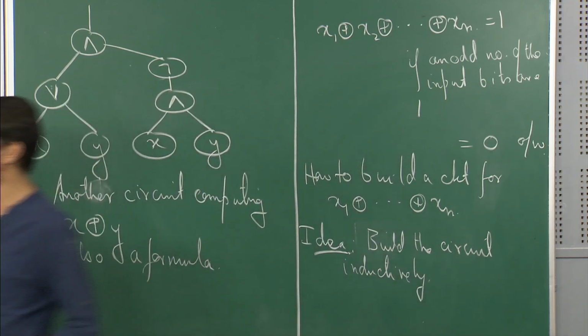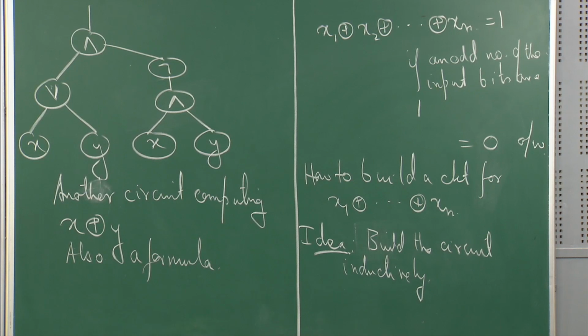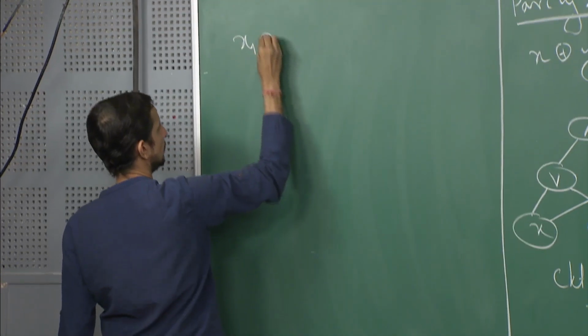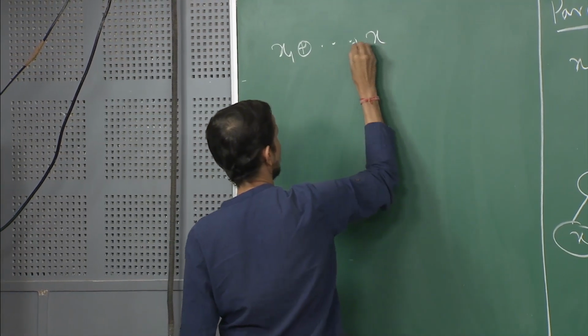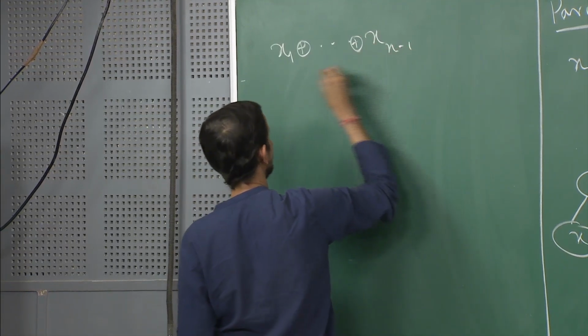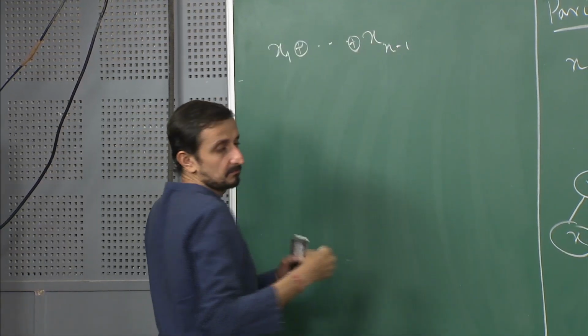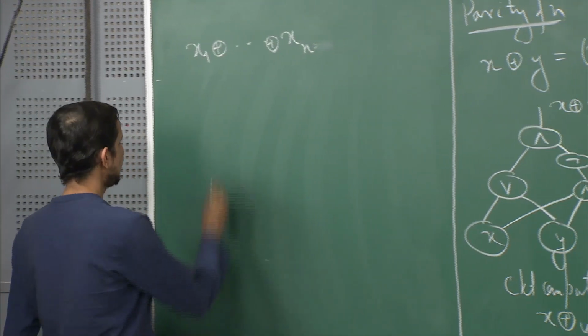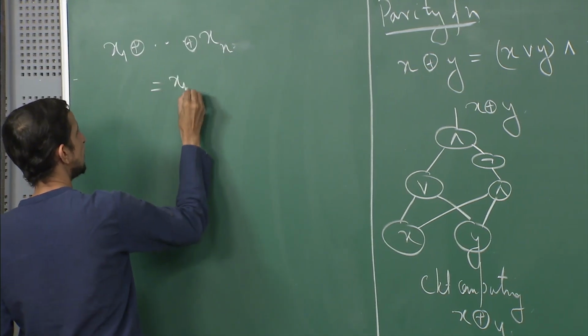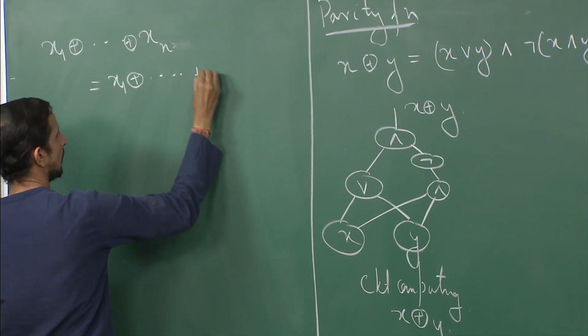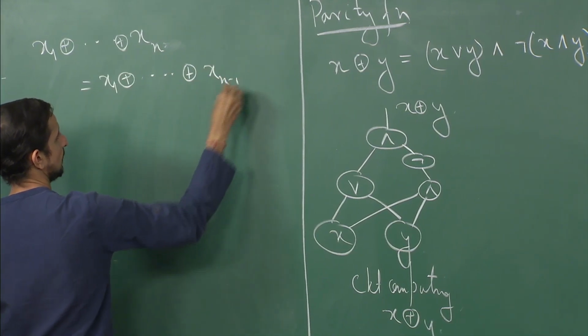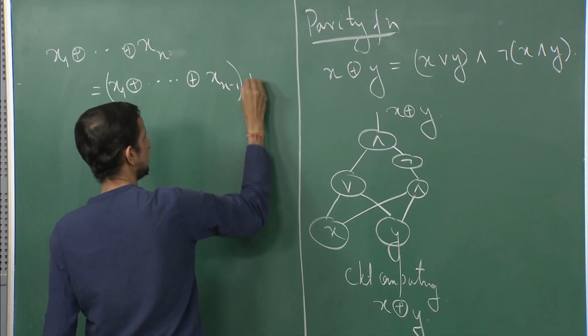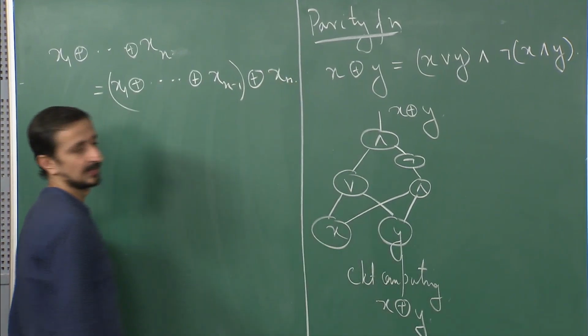What do we mean by that? Suppose I have a circuit for x1 up to xn minus 1. Let me put it this way. The parity of x1 up to xn is the same as the parity of x1 up to xn minus 1 with xn.